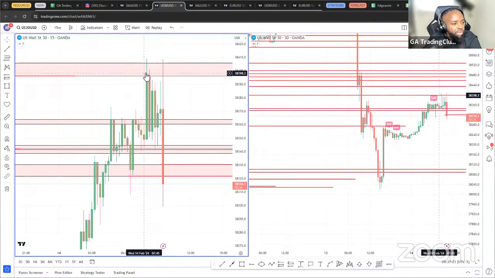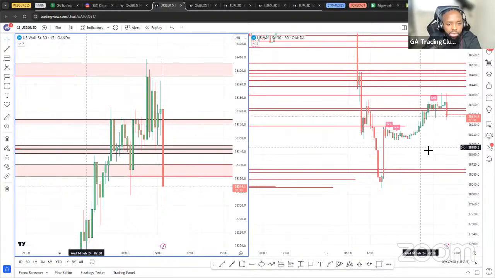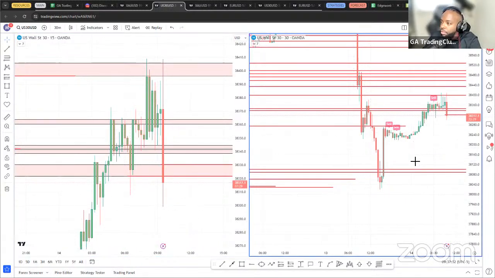So test rejection, price came back up to pick up liquidity from here, and we are having a meltdown there. So nothing for now on the 15-minute time frame.